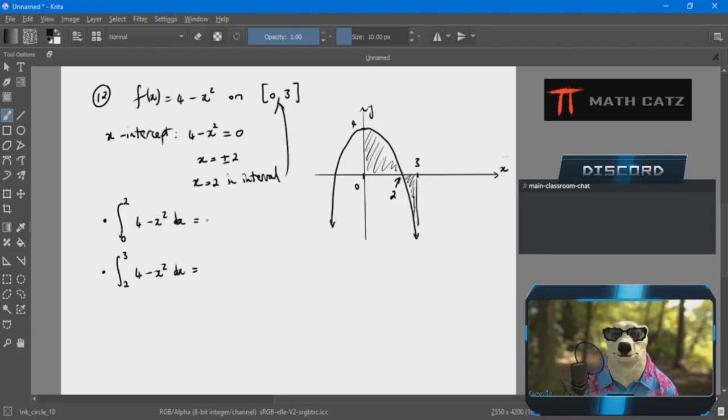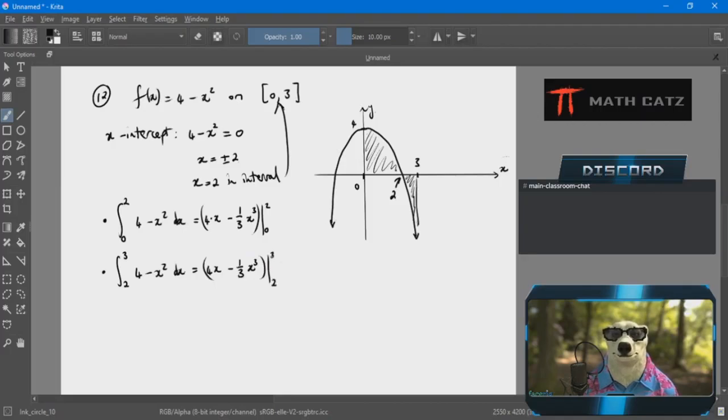So my antiderivative is the same every time. It's going to be 4 times x minus x cubed with a 1/3 in front, and I'm going from 0 to 2 on this. Same antiderivative, so even though I have two integrals, the antiderivative work is the same.